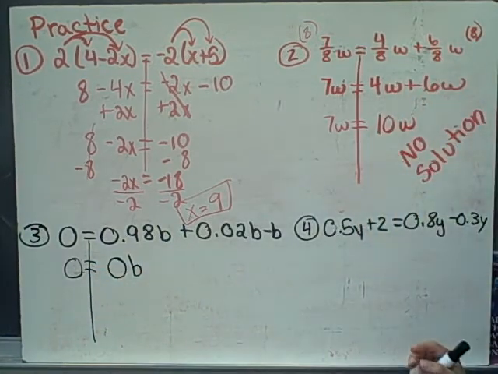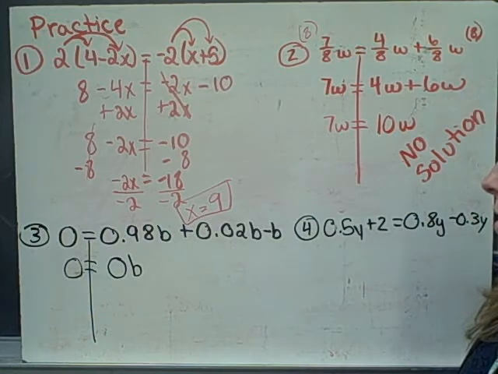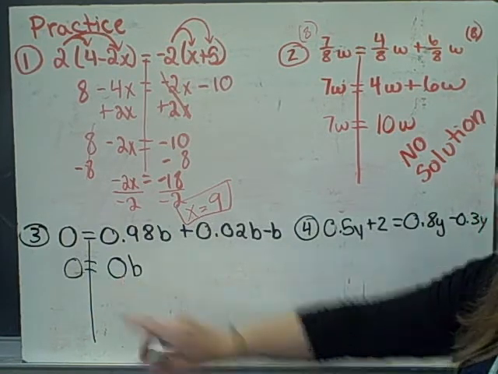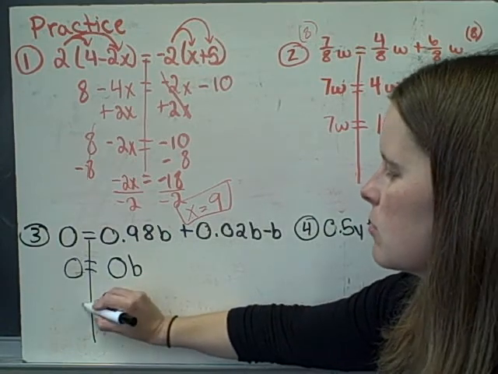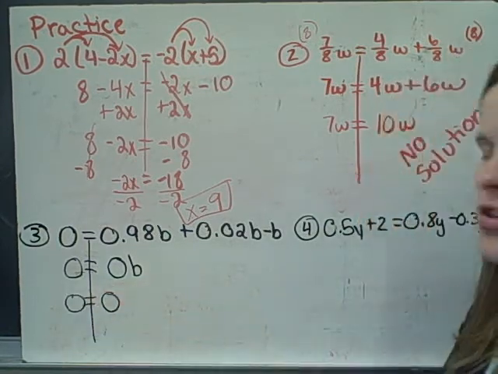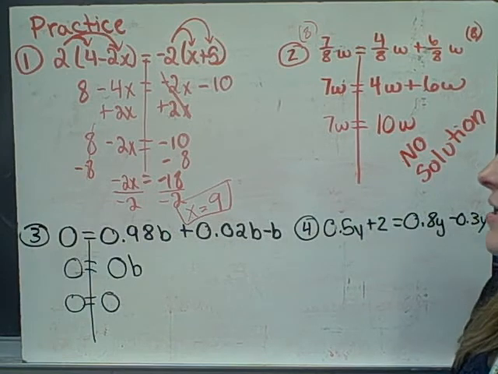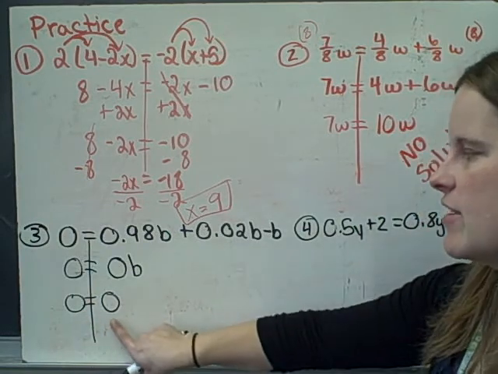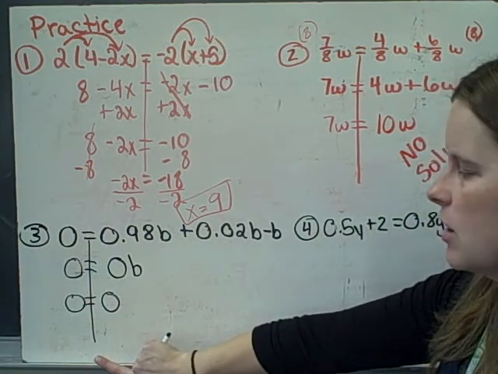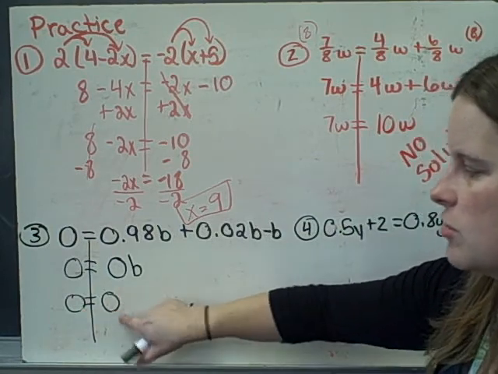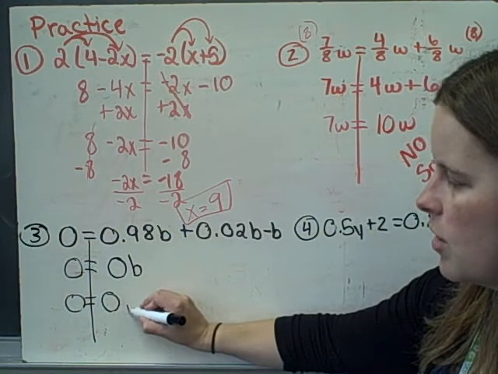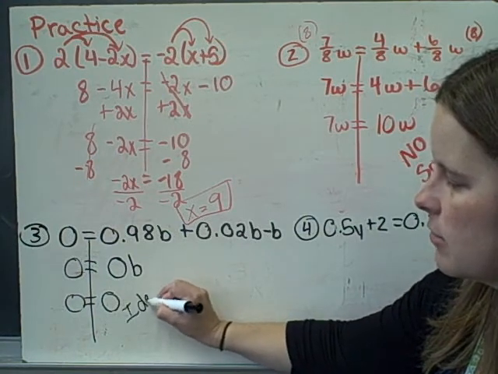Okay? If I were to look at that, anything times 0 is always 0. So this would be 0 equals 0. Is that a true statement? Well, yes, it is. But it also means that I don't have any variables left. Okay, and if I don't have any variables left and the numbers equal, 0 equals 0, this is going to be one that is called identity.